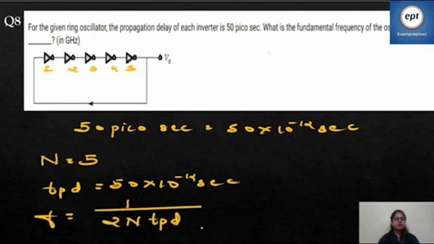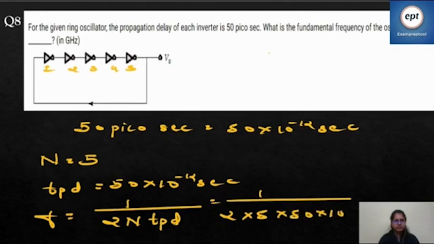So this is the formula for the frequency. Let's put in the values: 1 upon 2 into n value 5, TPD value 50 into 10 to the power minus 12. If you do the calculation, let's calculate this value.